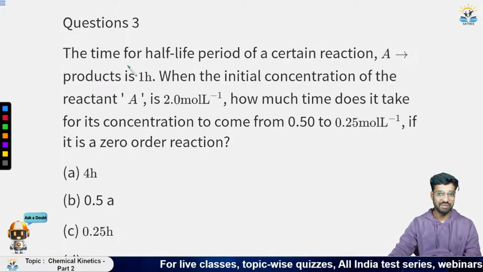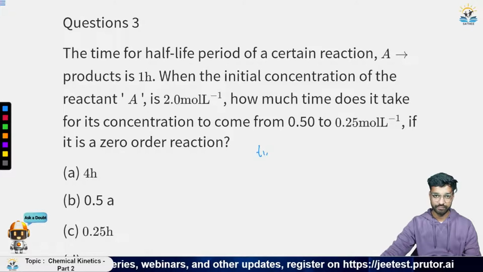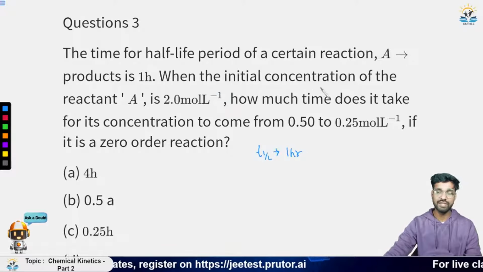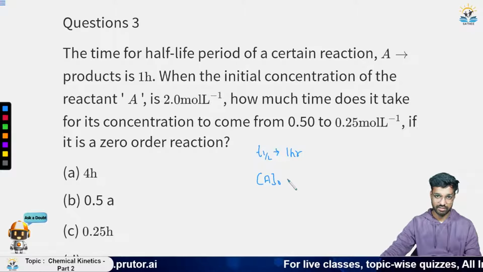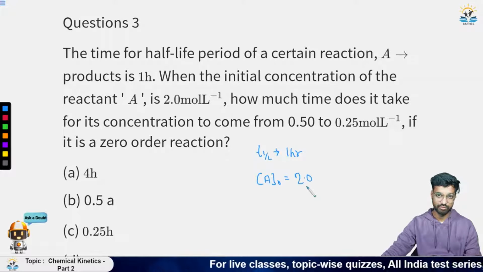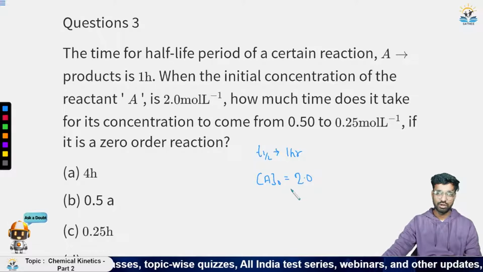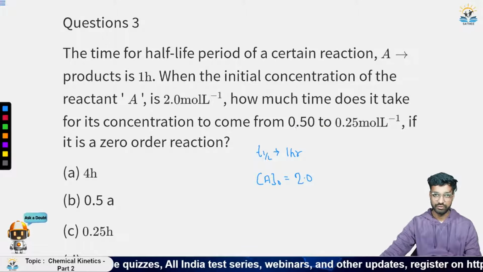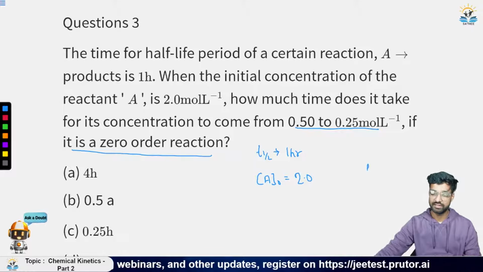Further, we have a second question here. It says that the half-life period of a certain reaction going from A to the product is 1 hour. So t half is given. When the initial concentration of the reactant is 2.0 mole, how much time does it take for the concentration to come from 0.5 to 0.25 if it is a zero order reaction?